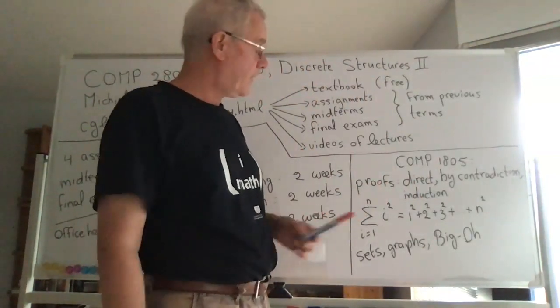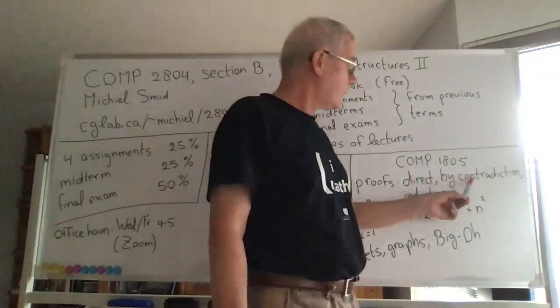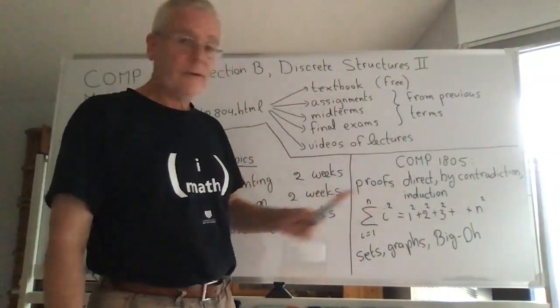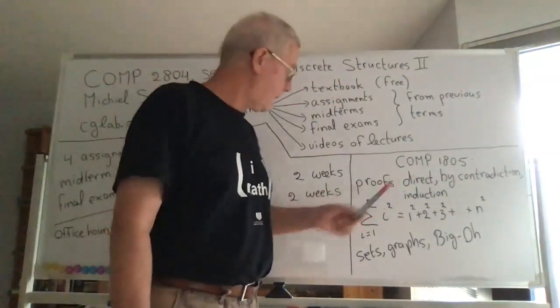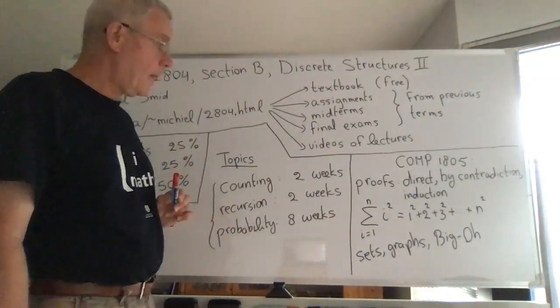In 1805, you have seen direct proofs, proofs by contradiction, and proofs by induction. Proofs by induction will be especially important because recursion is sort of the same as induction.